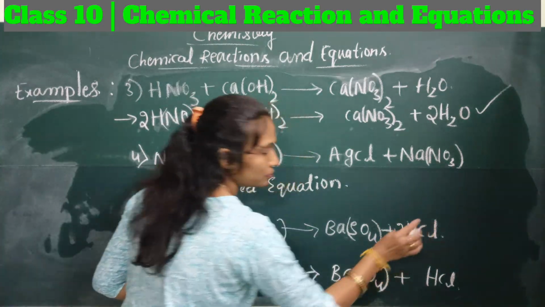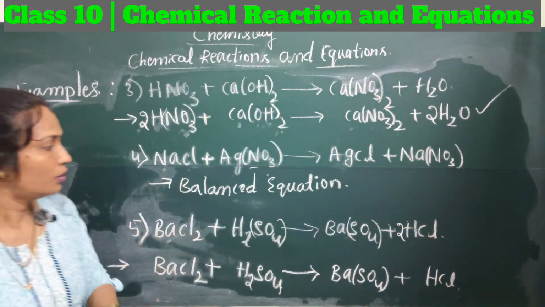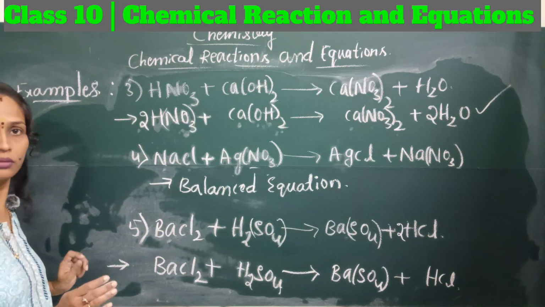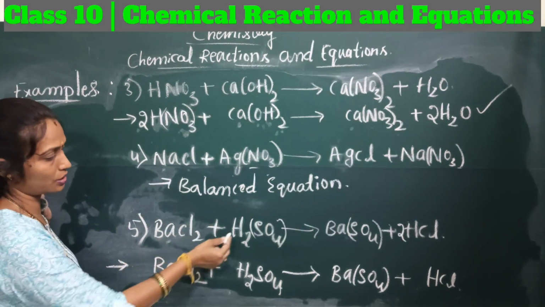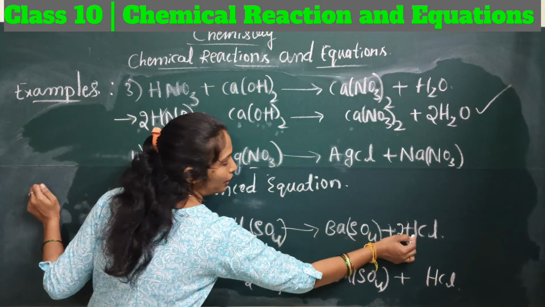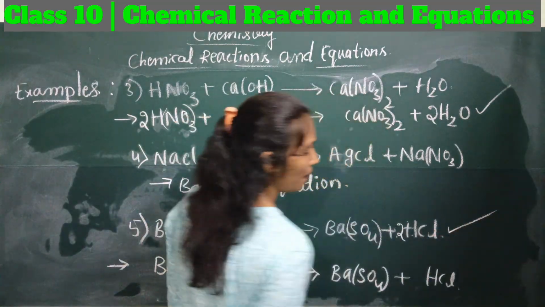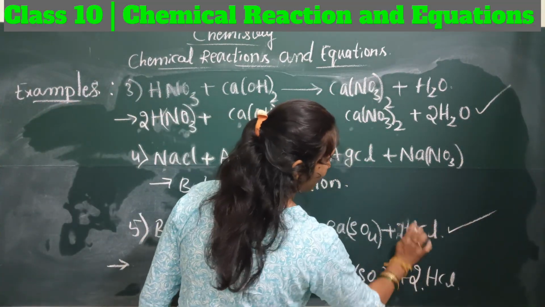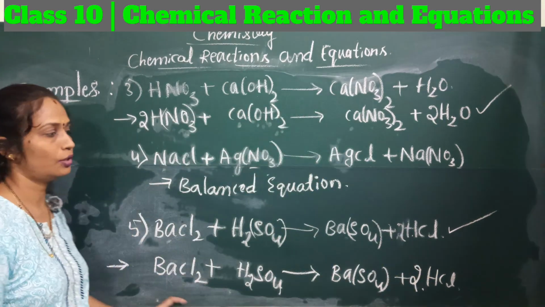Just take 2. So 2 chlorine, 2 chlorine. Now check hydrogen. 2 hydrogen is there, 2 hydrogen is there. It got balanced. You just need to add 2 here. Okay, this is the answer. Just add 2 HCl.